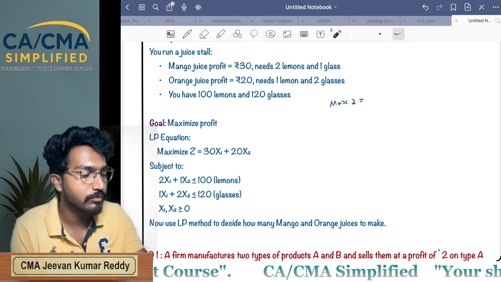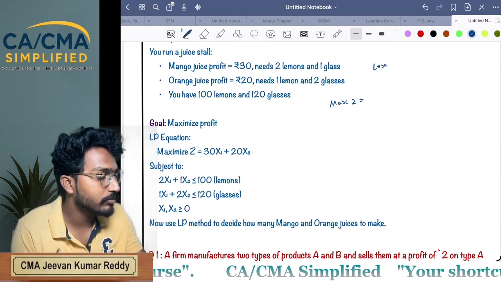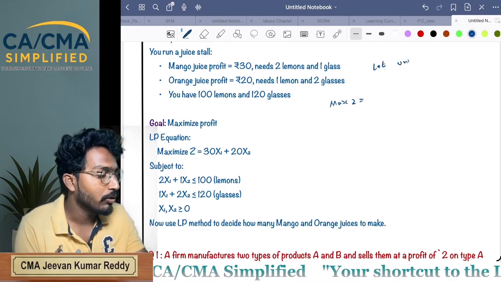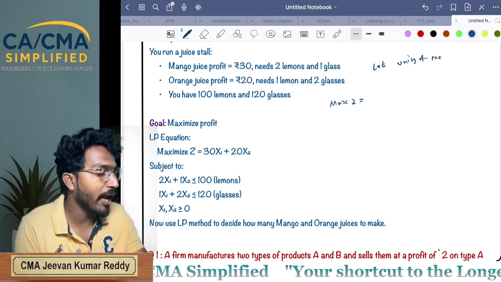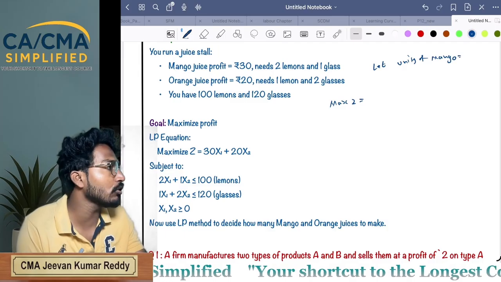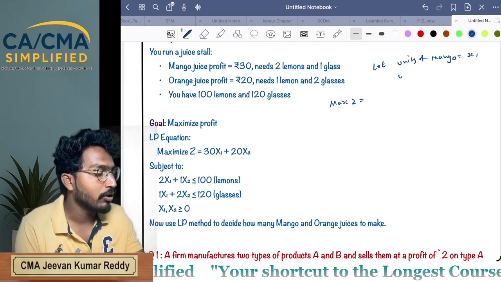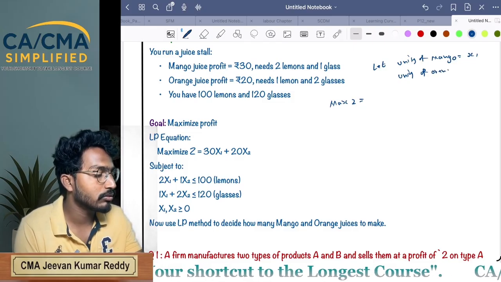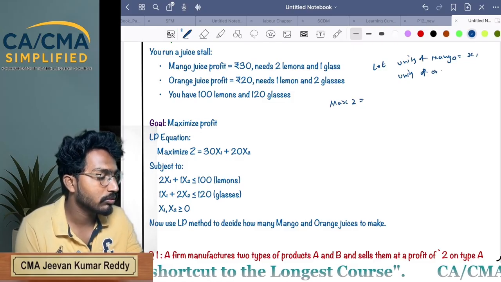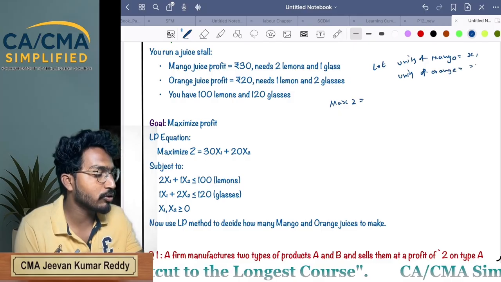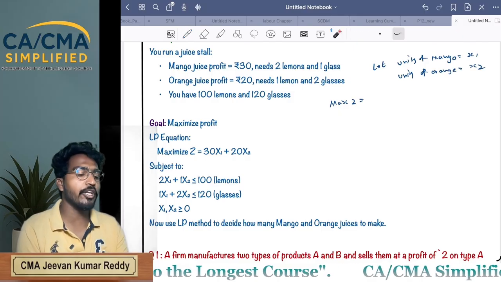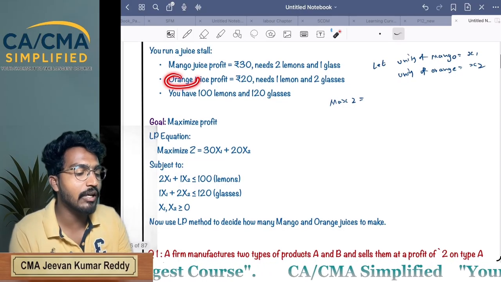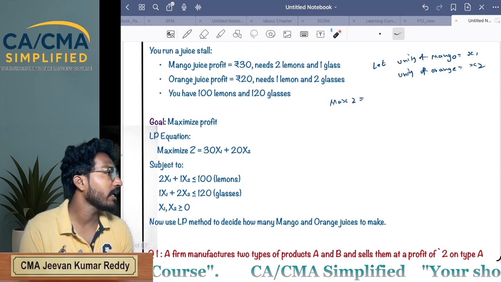That is, let units of mango juice be x1, units of orange juice be x2. That means how many units of mango juice you will sell is taken as x1. How many units of orange juice you will sell is taken as x2.